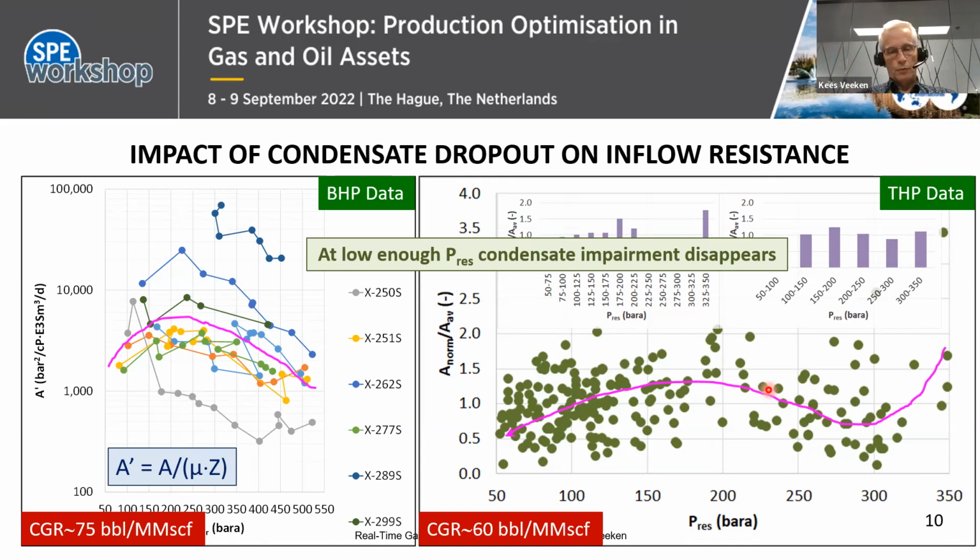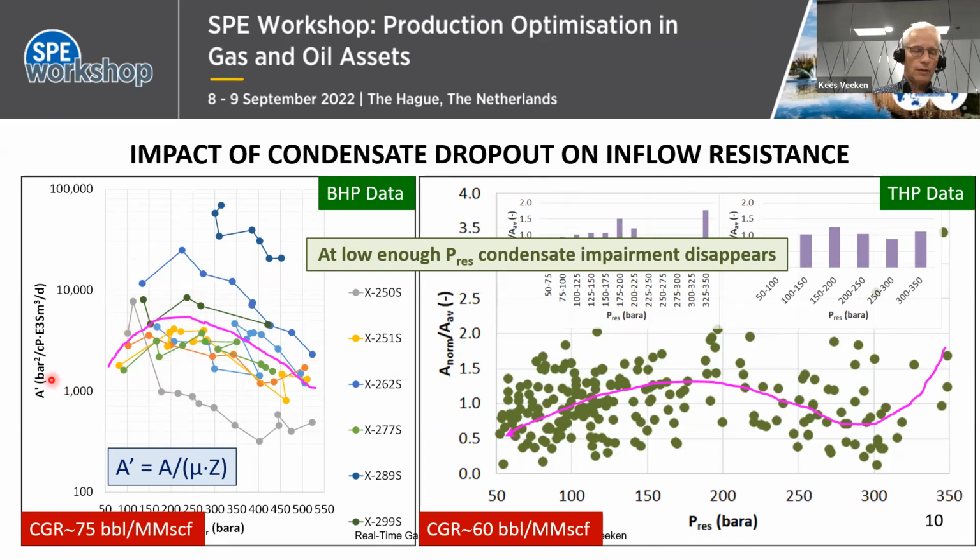Now, these are two examples. They're both gas condensate fields in tightish rock, and they were both hydraulically fractured by multiple hydraulic fractures. On the left-hand side, you see data based on multi-rate production logging, so that's actual production bottom hole pressure data.